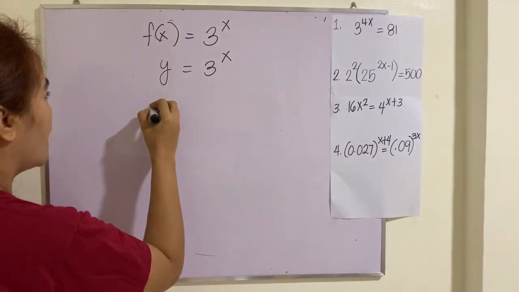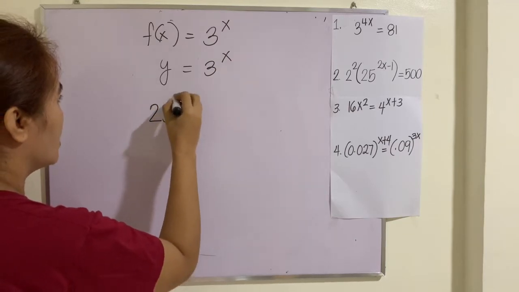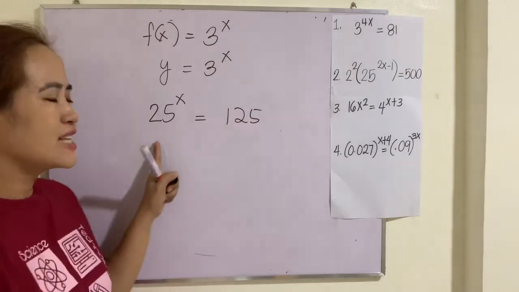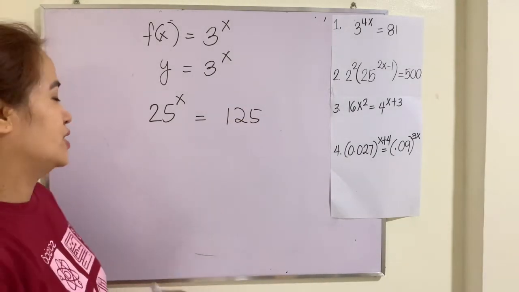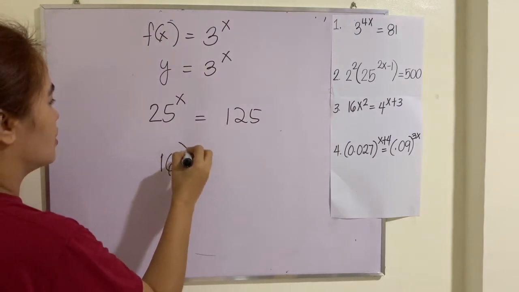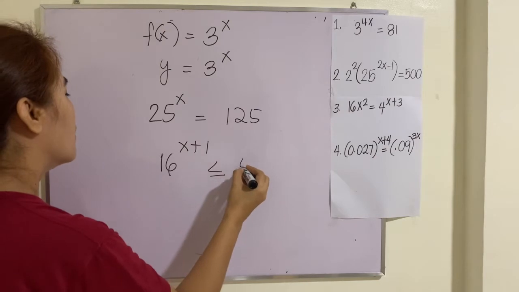So we have 25 raised to x is equal to 125. This one is an exponential equation. And for inequality, of course, suppose you have 16 raised to x plus 1 is less than or equal to 4.